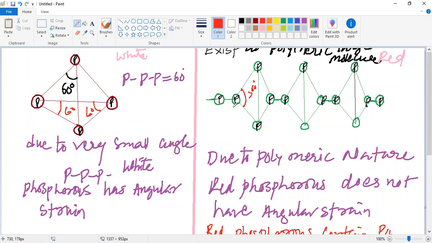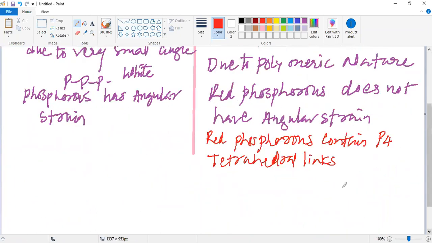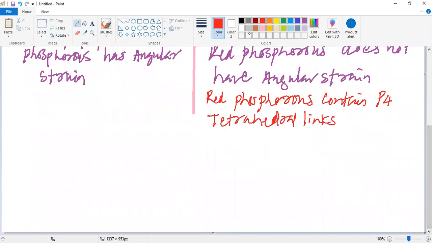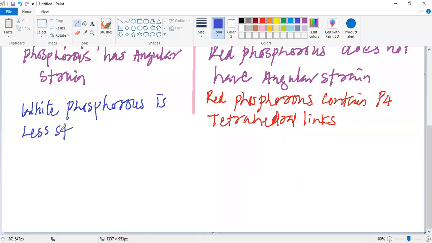So the angular strain has decreased due to the polymeric nature of red phosphorus, and due to this, white phosphorus is less stable. Why is it less stable?